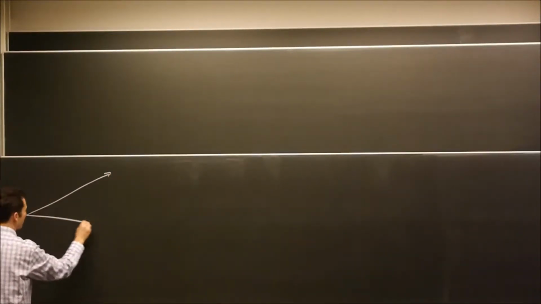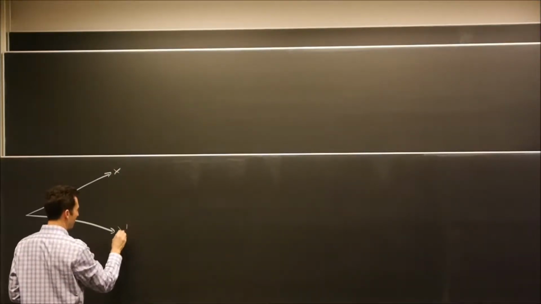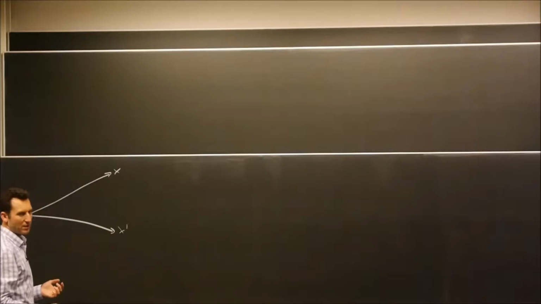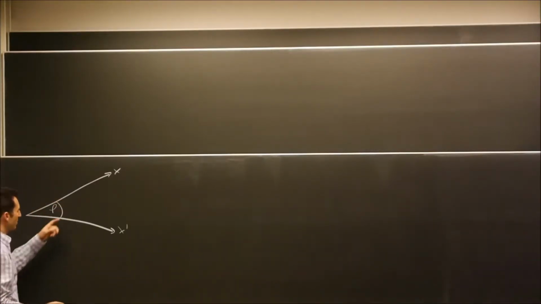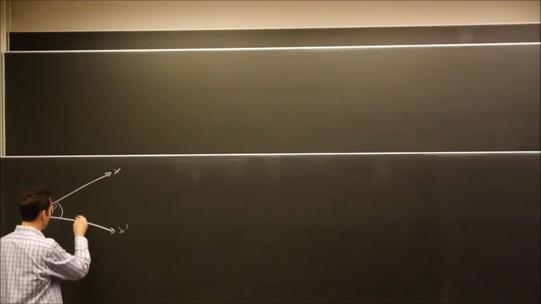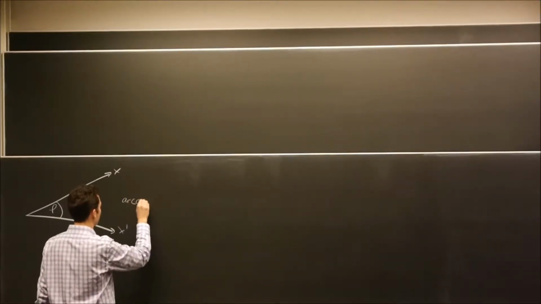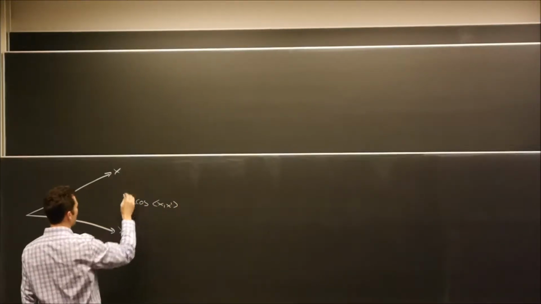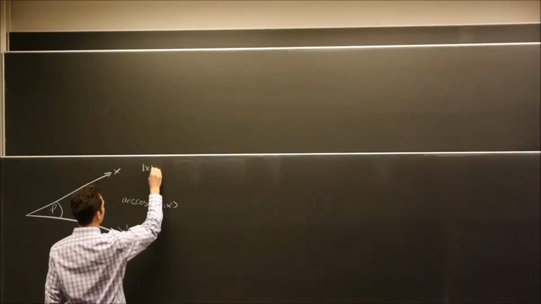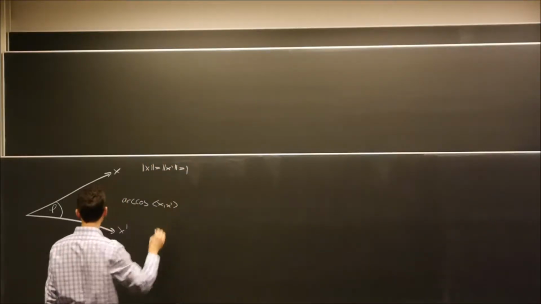If I have 2 vectors, let's call them x and x prime, and let's say they are of unit length, and there's some angle phi in between, and I'm going to refer to this angle occasionally as arc cos of x dot x prime whenever the length of those vectors is 1.